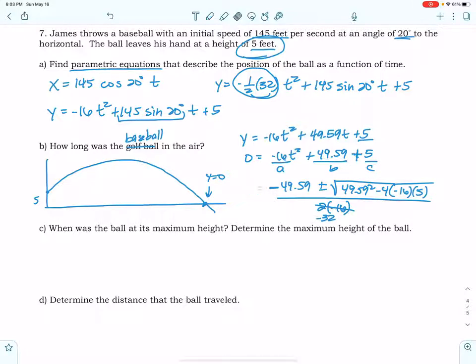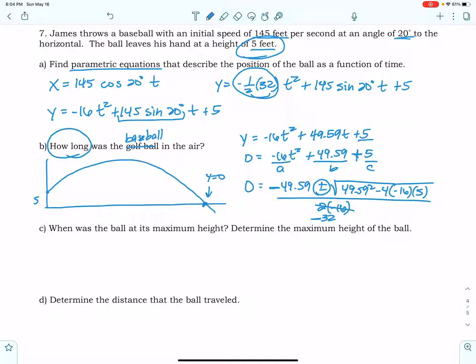But we're finding t, right? How long? So t is only measured in positive values. So we have to make sure that we don't need both of these values for our quadratic. We only need the negative because we want to make sure we have a negative in the numerator because we for sure have a negative in the denominator.